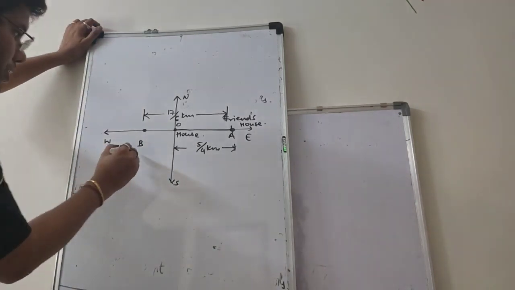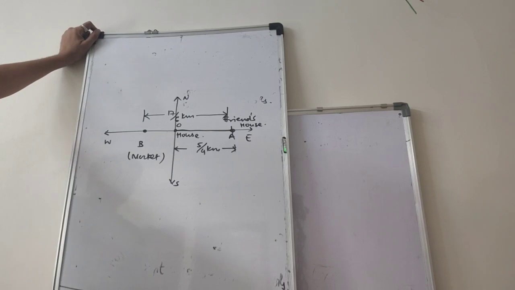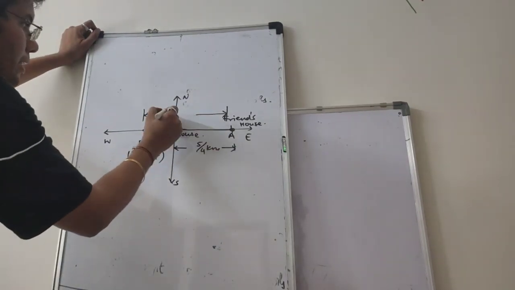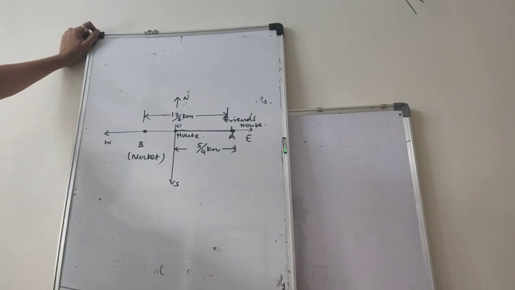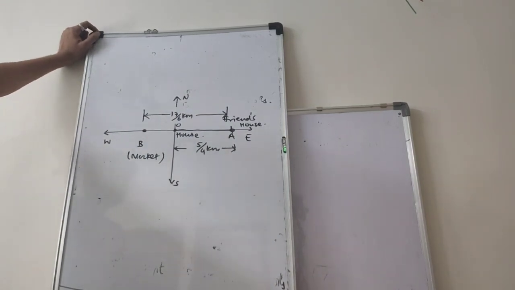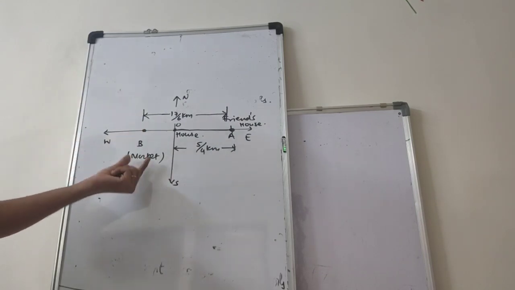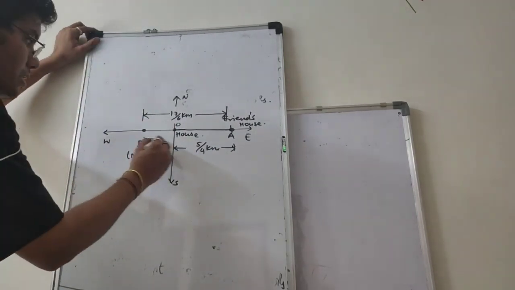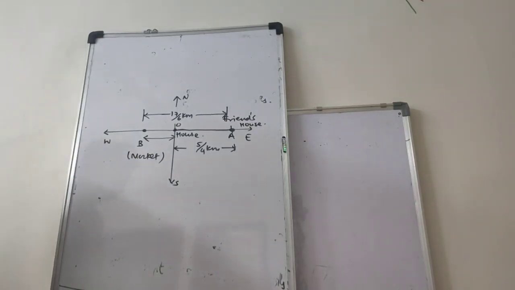So B is the location of market. So basically what is the position of the market from his house, this is simple. This distance is the distance of house and market.